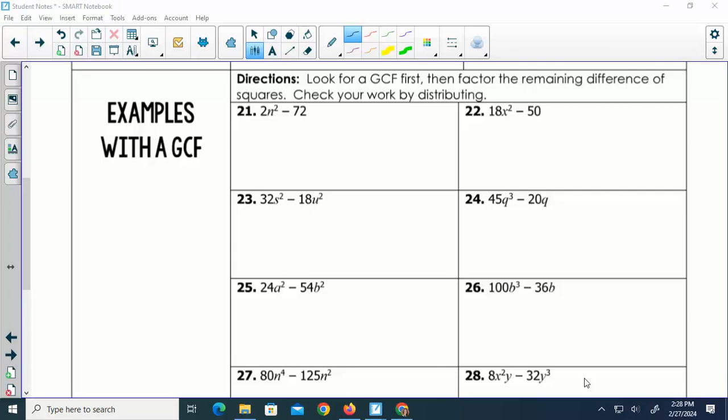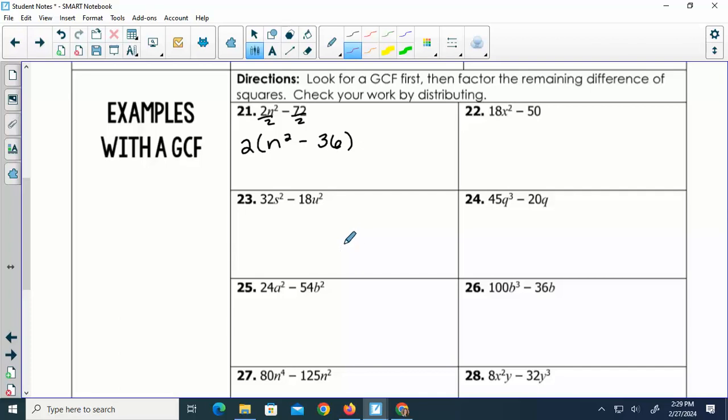If we have 2n squared minus 72, what is my greatest common factor? 2. Both of those are divisible by 2. So we can take out that 2. Right, so then we have n squared minus 72 divided by 2 is 36.